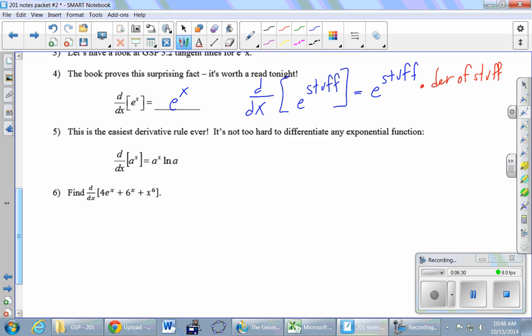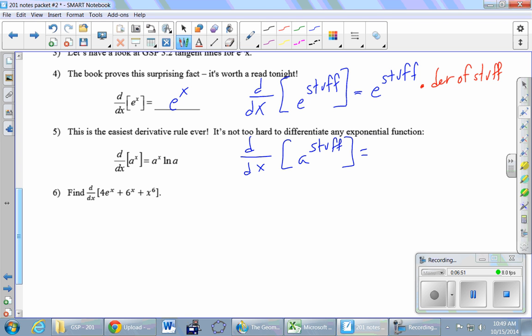Okay, so let's see if we can use our 2 new rules. We can also throw in here the chain rule version of this. Let's write this in. Derivative of a to the stuff is what we're after. So we treat it like the normal rule, which we've just learned.